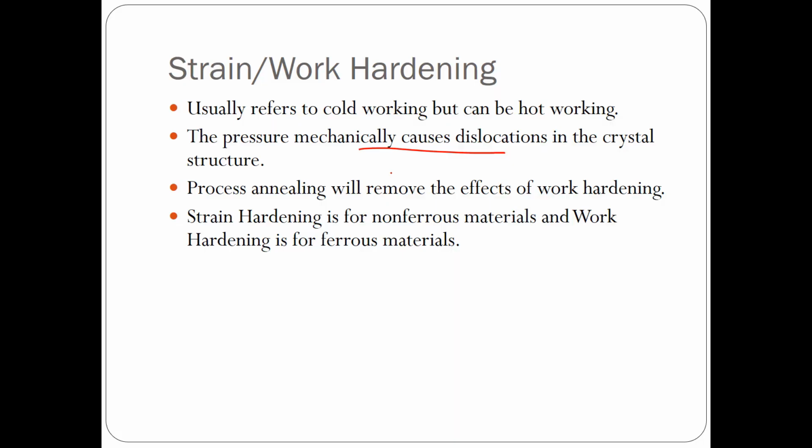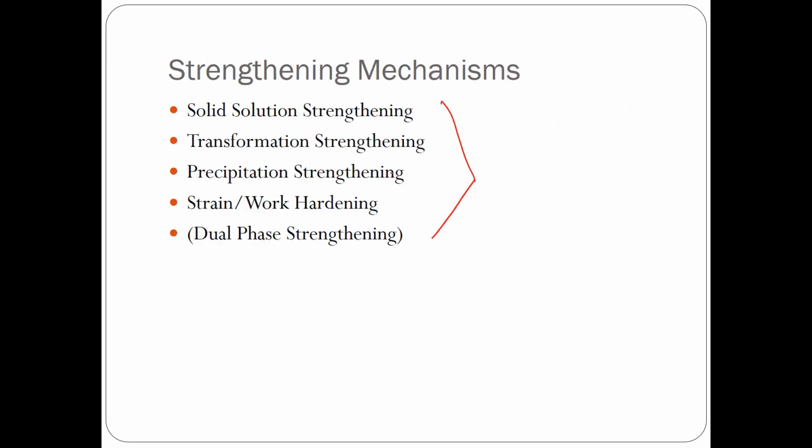So just very simple 1-sentence explanation of what are the strengthening mechanisms. And dual phase was not on there. We have not talked about dual phase that much at all. So really the 1-sentence explanations are about the first 4, but you should be able to list all 5 of them.